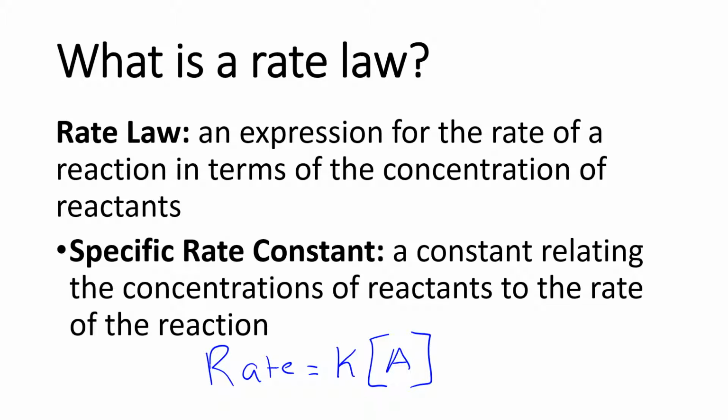And there are two different types of rate law expressions. The first one is a first order reaction. In a first order reaction, your reactant concentration is directly proportional to the product concentration.